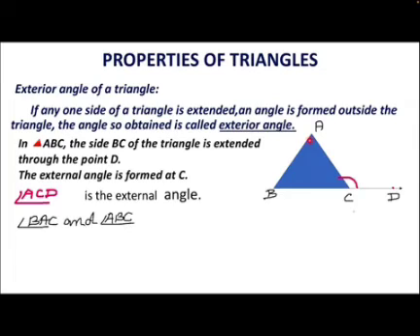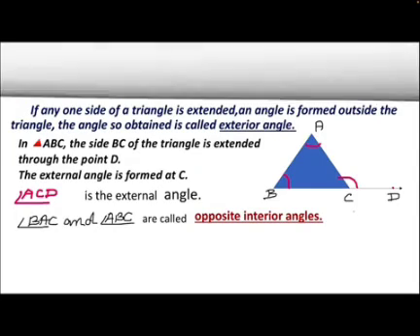Just now I told you where they are. Angle BAC is this. Angle ABC is this. Those two angles, what are they called? Just now we discussed. They are called opposite interior angles. Please keep this in mind for the properties. They are the opposite interior angles, angle A and angle B.